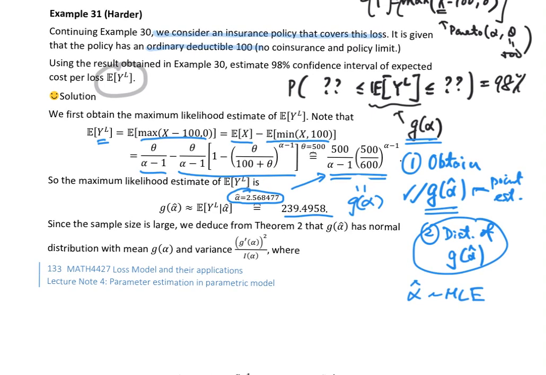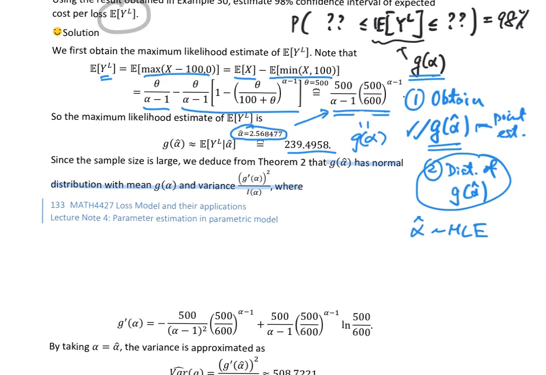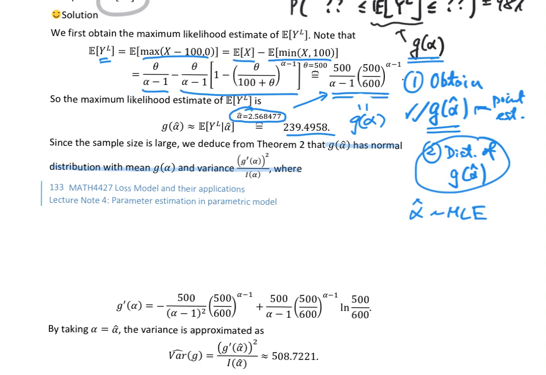In order to move on, you have to compute G prime alpha and I alpha. Just recall in example 30, we already got this I alpha, so I alpha equals 500 divided by alpha squared, which is from example 30.